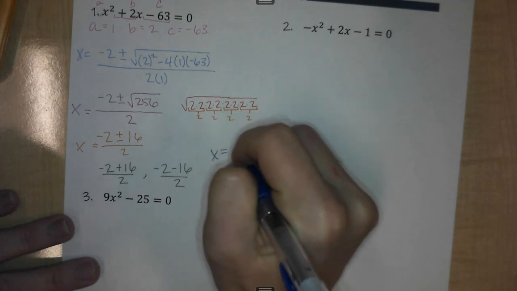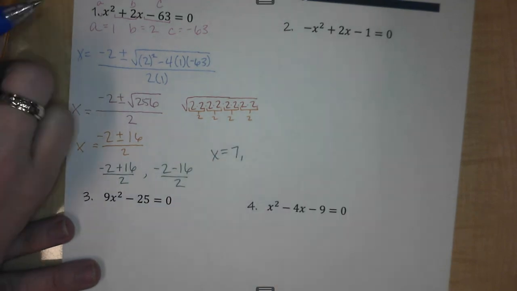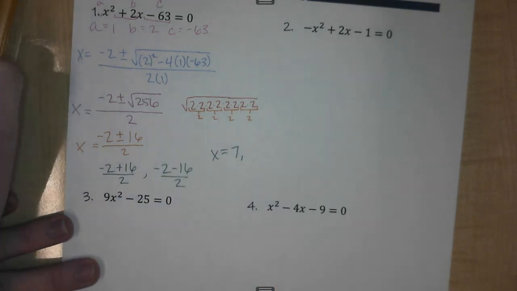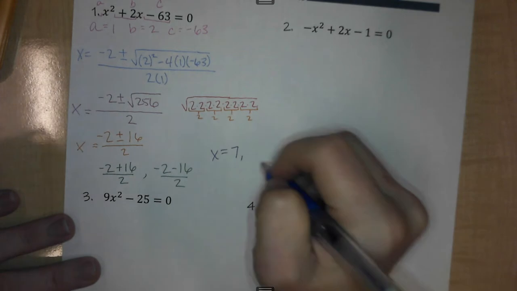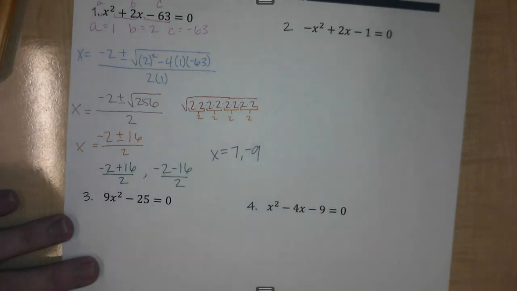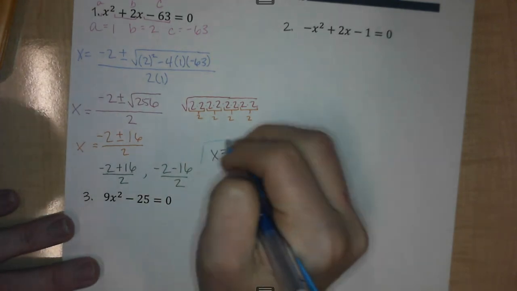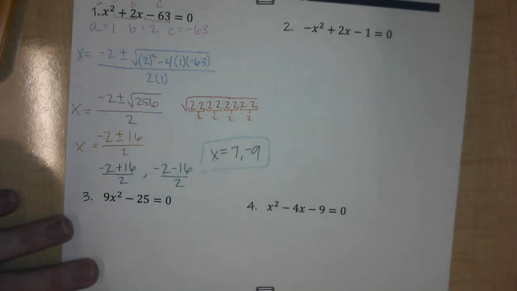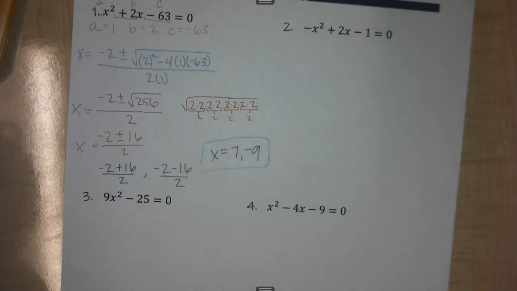So x equals 7. Negative 2 minus 16, all divided by 2, is negative 9. This is our answer. Seems like a lot of work, but it's just everything that we have been practicing.